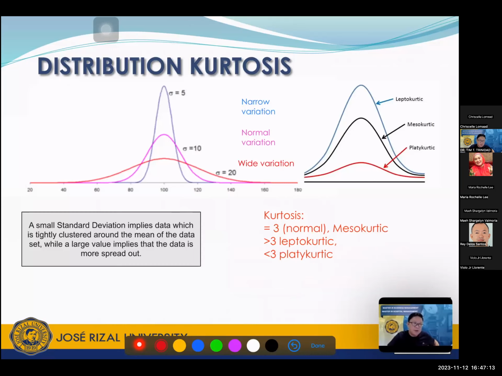So we can also talk about the kurtosis. Kurtosis means the height of your distribution, but we don't usually make use of this in our descriptive stats. So we stick on the skewness. So as long as you know the skewness, if there is a skewness, meaning to say that makes your data abnormally distributed.